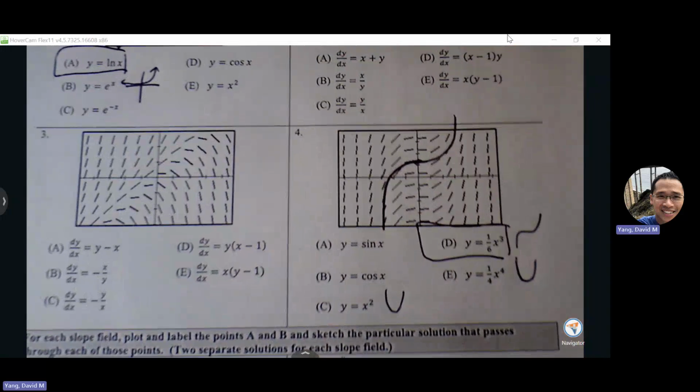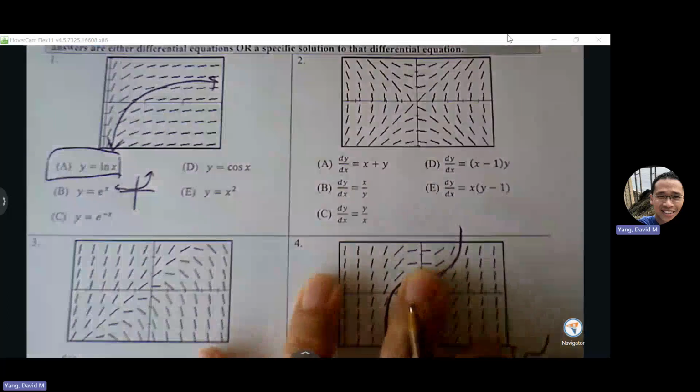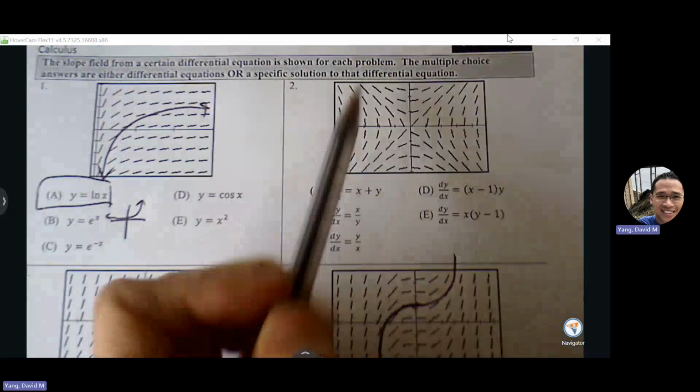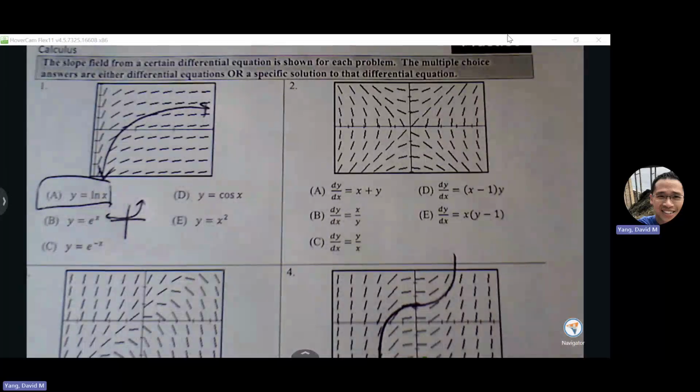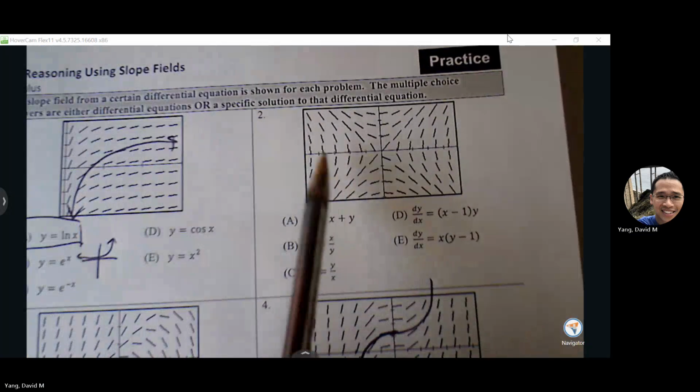Now, if we're looking at this from the derivative standpoint, then we have to look at some behavior. Where do I see positive slopes? Where do I see negative slopes? Where do I see slope zeros? Where do I see slope undefined? Here, it's tough to see.